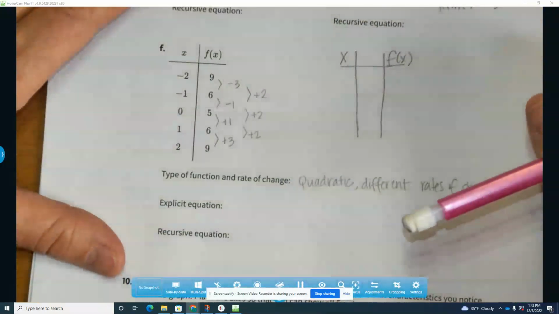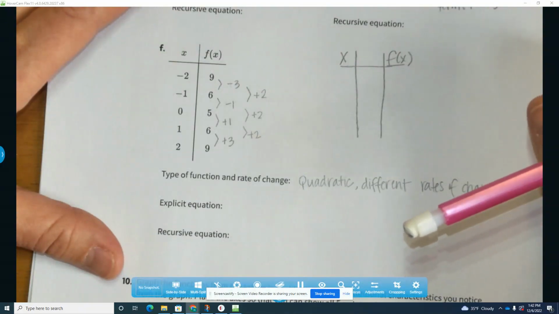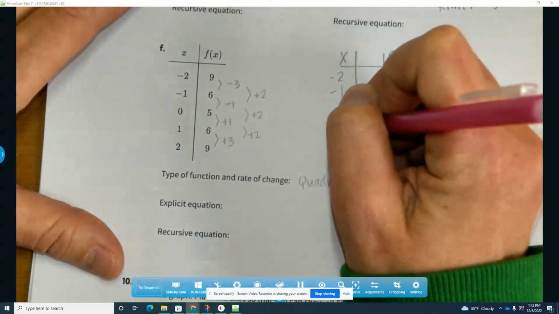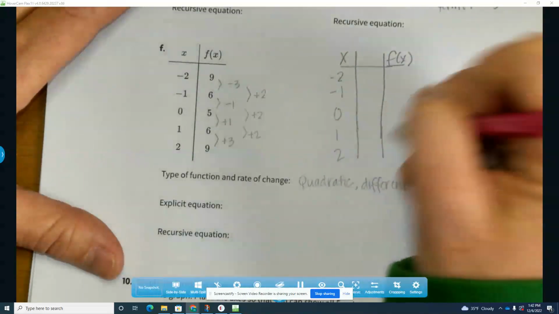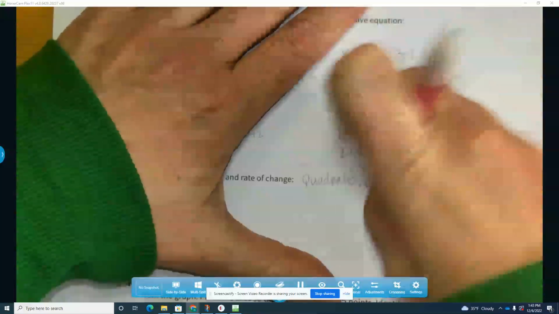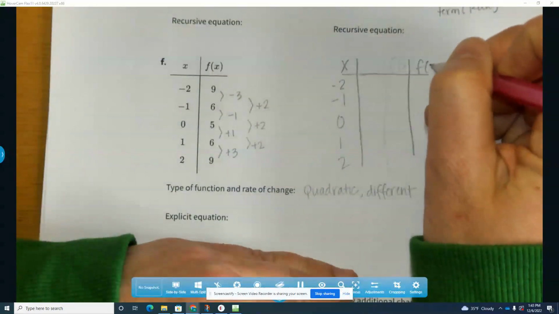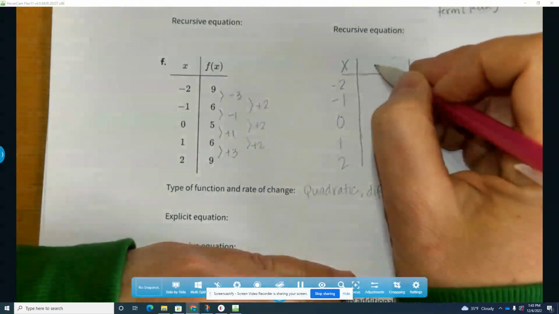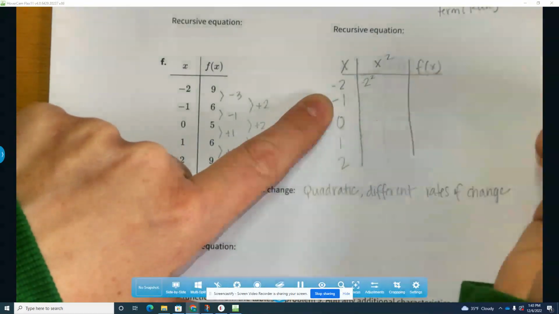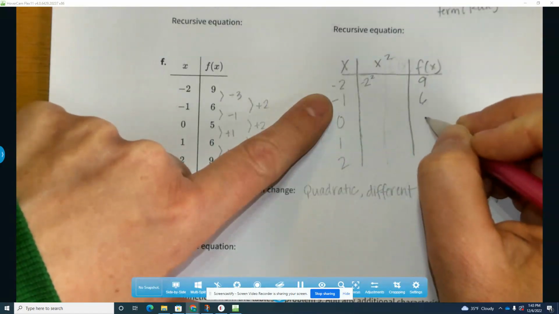Because if I know a quadratic has to have a squaring in there somewhere, then I can start there. I'm actually going to make this a little bigger. All right, so let's square this. And, well, let's get these in here first.